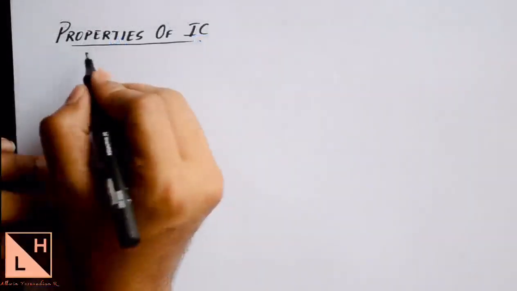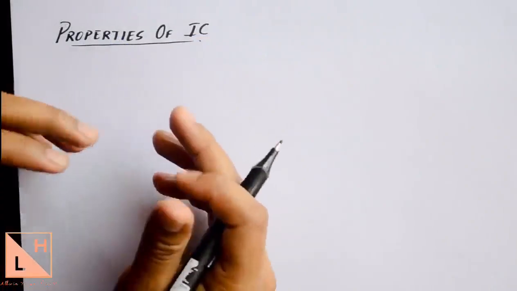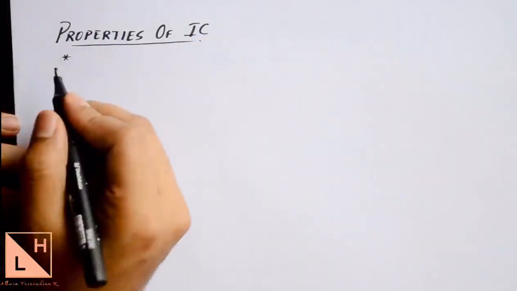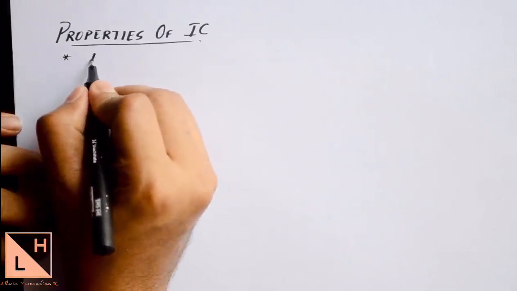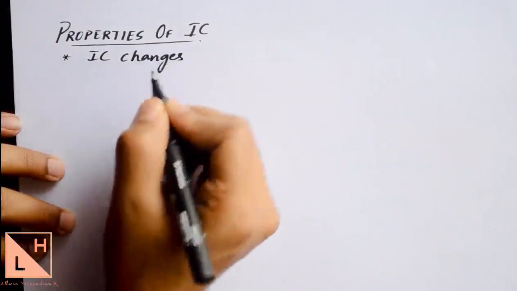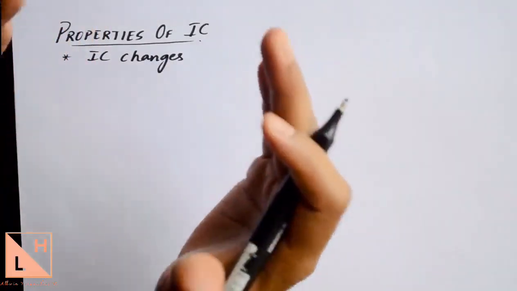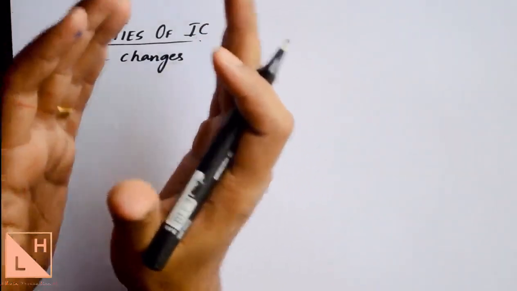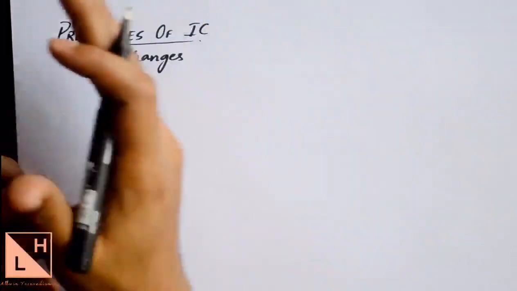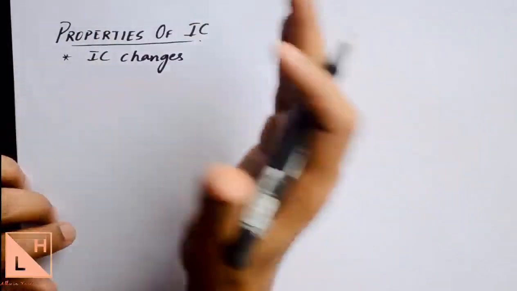Now let us discuss the properties of the IC before we use it to find velocities. One major property of the IC is that it changes with the orientation of the mechanism. As I already mentioned, the instantaneous center exists only for that particular motion of the link from one position to another.